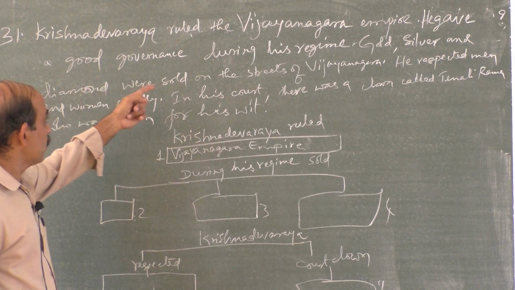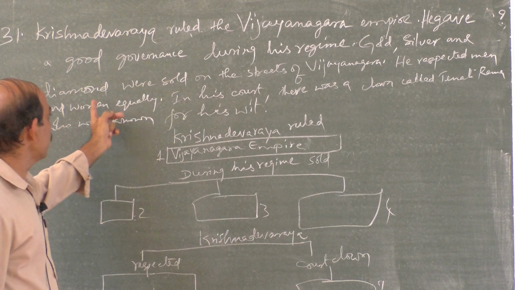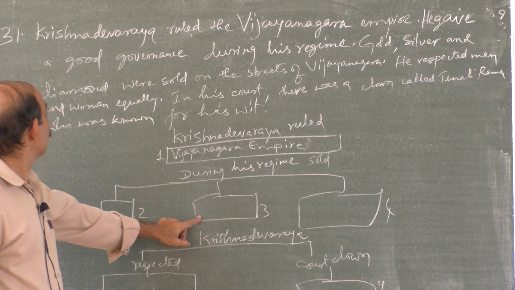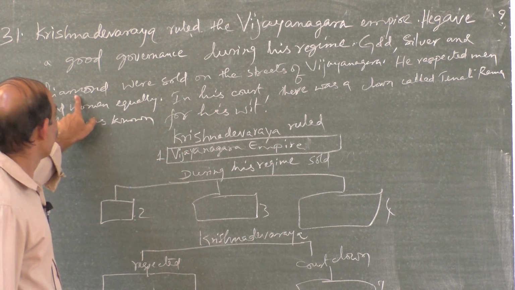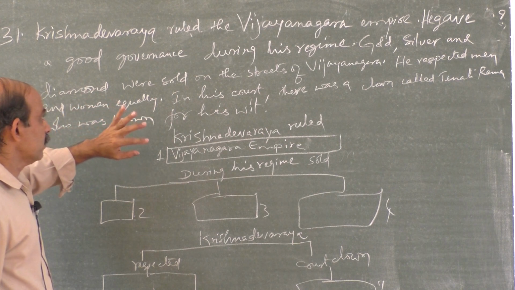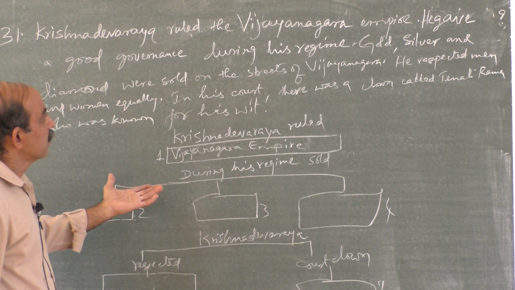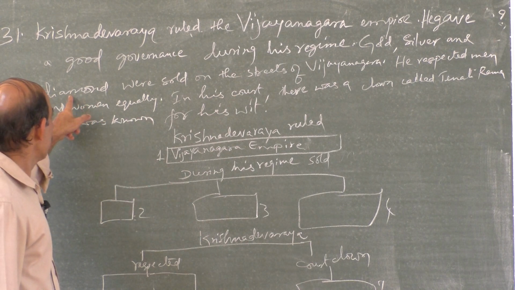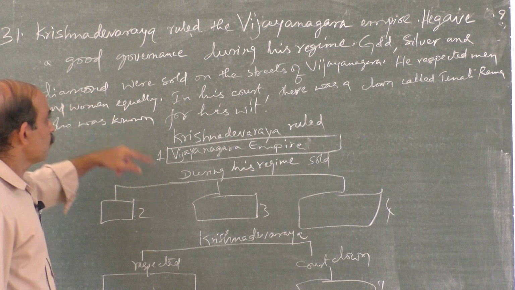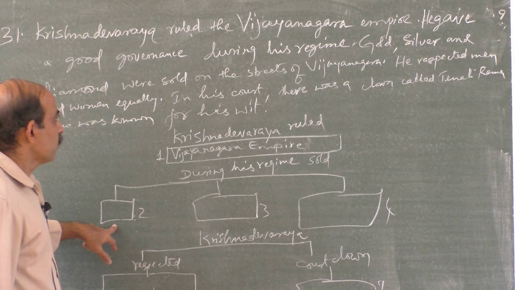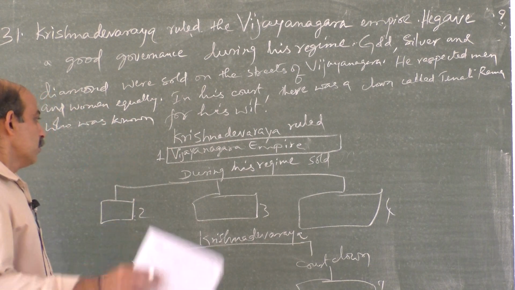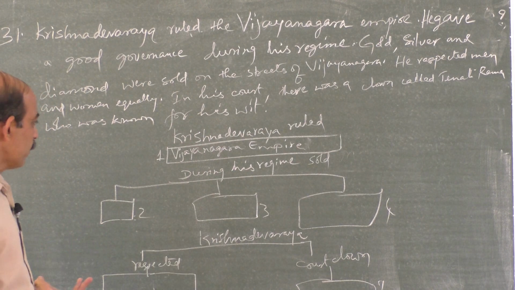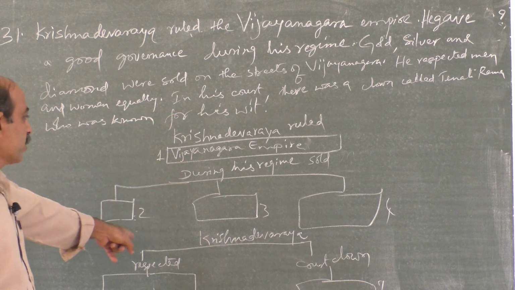Gold, silver and diamond. So the second one is gold, the third one silver, and the fourth one diamond. Don't make it the other way around, that is diamond, silver, gold, because the fourth one is diamond, the third one silver, and the second one gold. Don't make it topsy-turvy. Instead, write sequentially what is available there.